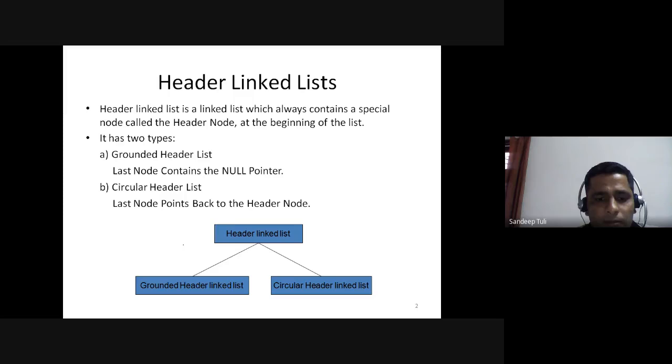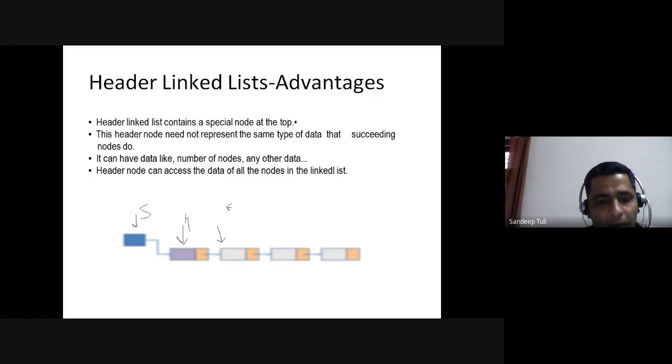So what is the difference between the single linked list and the grounded header linked list? We have a header node in it only. Rest of the structure is the same. So start will point to the header node, and the header will point to the first node. Otherwise, in a simply linked list, start will directly point to the first node.